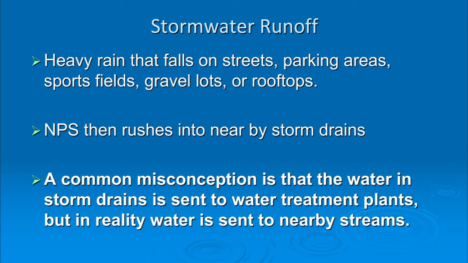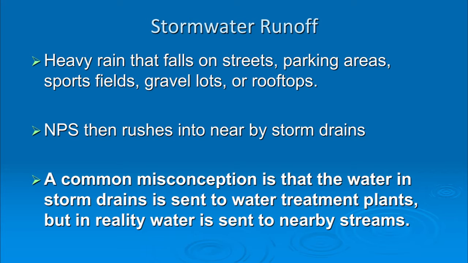And it gave people the misconception that any water going down that storm drain was being sent to a wastewater treatment plant or a sewer plant. That is obviously absolutely not the case. At one point in history, maybe 70 years ago, that was the case. But since then, most of our sewage and our stormwater has been separated.